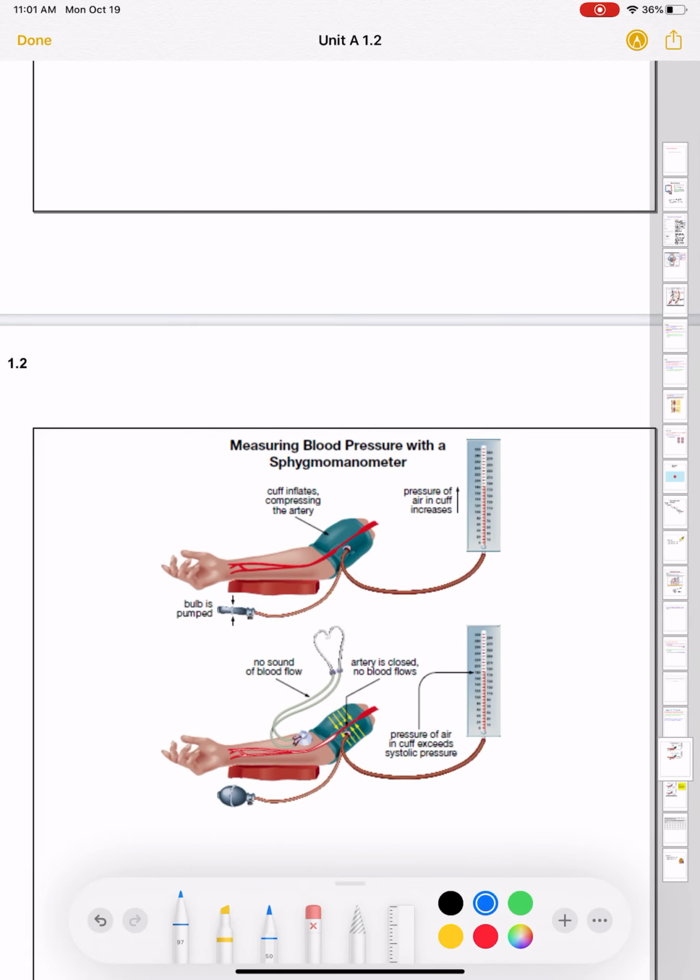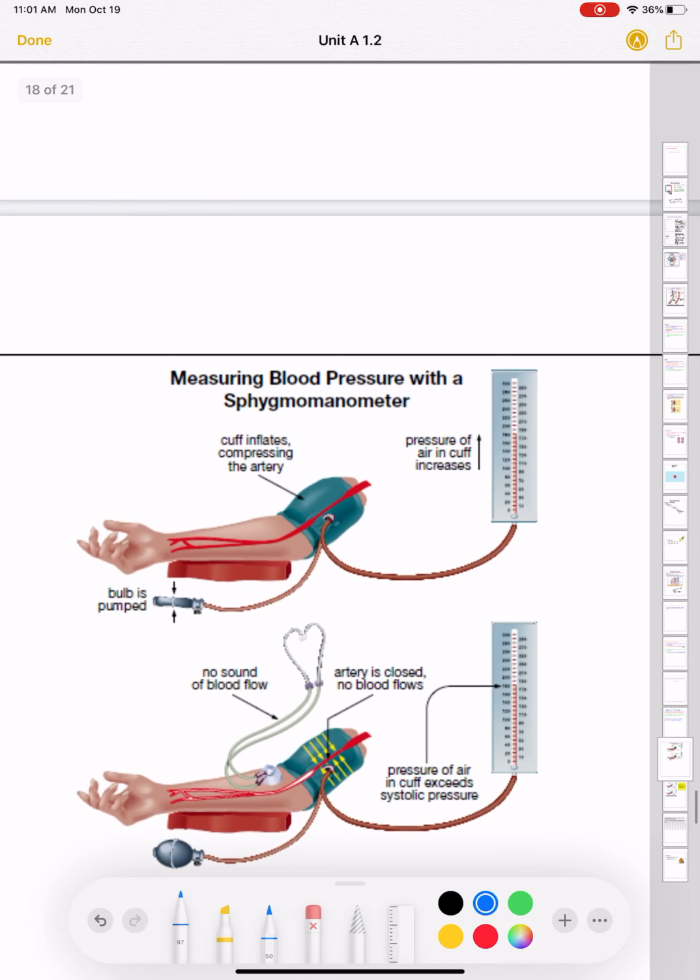This is showing you how they do it. I did explain this already. The first picture, you're going to inflate the cuff using this little bulb. As it's pumped, this is going to inflate, and it's going over that major artery in your arm. The doctor or whoever's doing this is going to listen until there's no sound of blood flow.